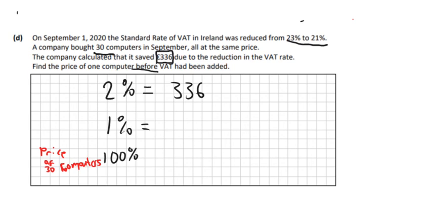So for 1%, you divide by 2, and then you times by 100 to get the 100%. 1% has to be half of 336, so that's 168. Then times 100, you can do that in your head: 168 and add on 2 zeros. So that's the price of the 30 computers before VAT.